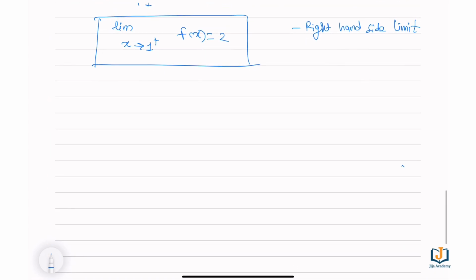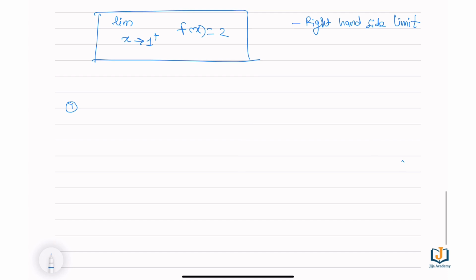The first one is limit x tends to 1 left hand side, f of x is equal to 2. The second is limit x tends to 1 right hand side, f of x is equal to 2.